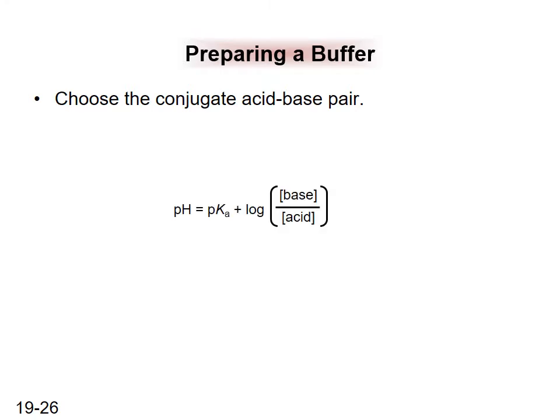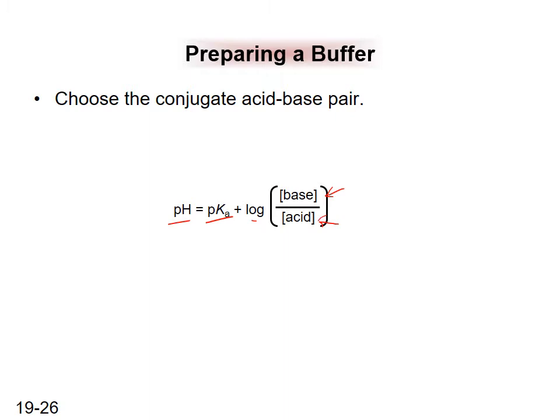In order to make a buffer solution, first we need to choose the conjugate acid-base pair. So how do we do that? Well, look at this equation. The pH of the buffer solution is the pKa of the weak acid plus log of the base concentration divided by acid concentration.